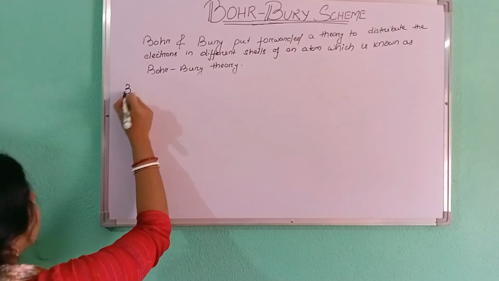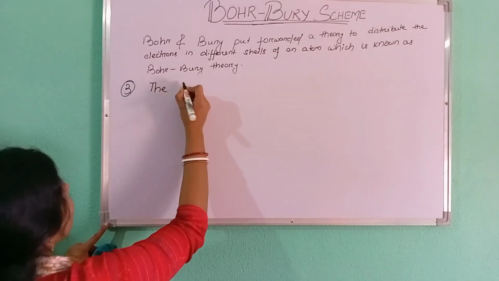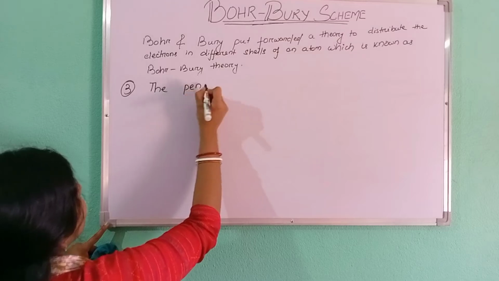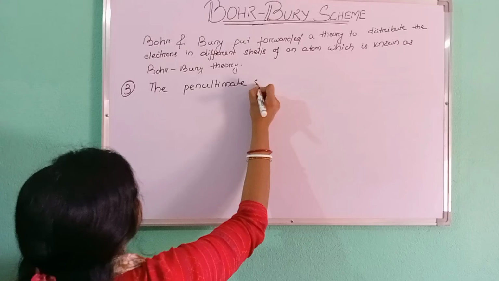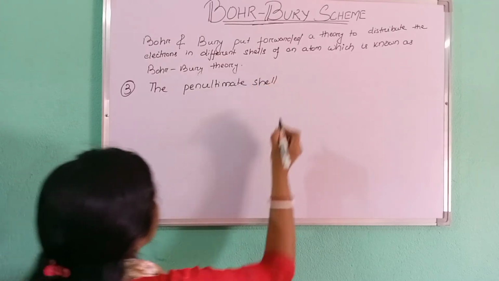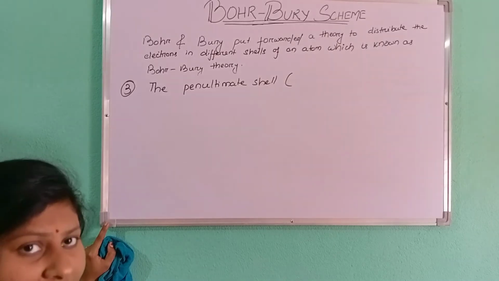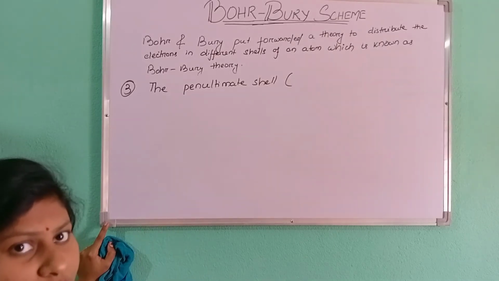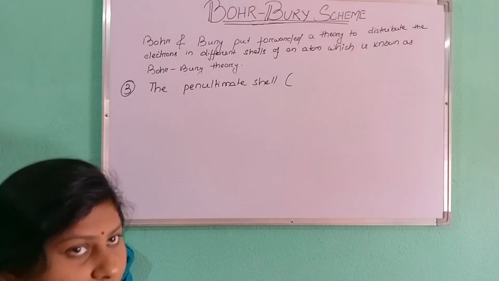Rule number 3. It says the penultimate cell. What is the penultimate cell? The cell before the outermost cell is called the penultimate cell.